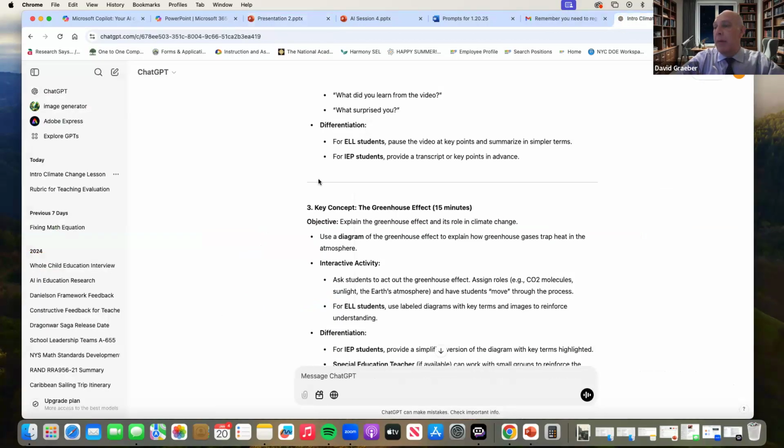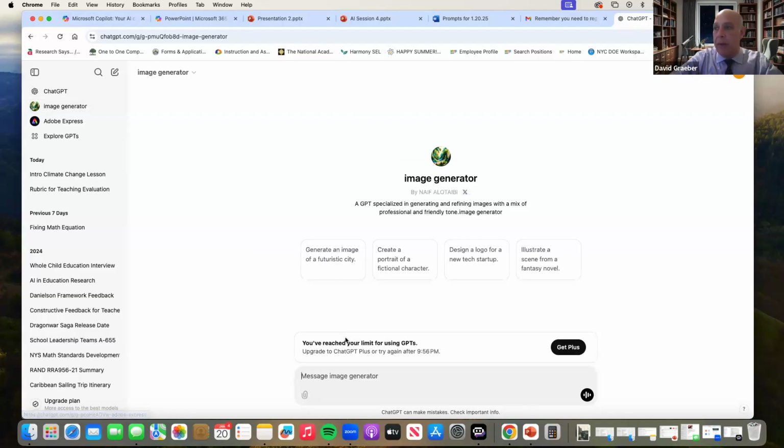So in my experience, the chatbots all are kind of similar, right? And I'll show you, we'll go to the ChatGPT image generator, right? So we create an image that depicts global climate change.